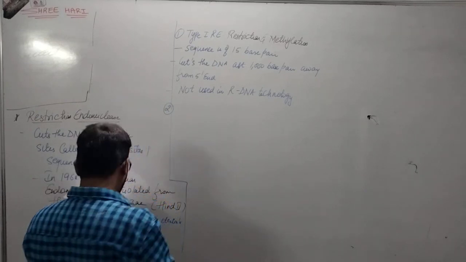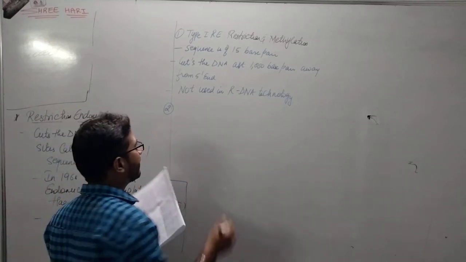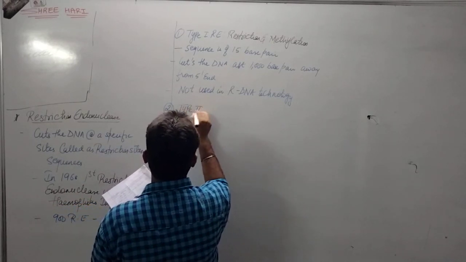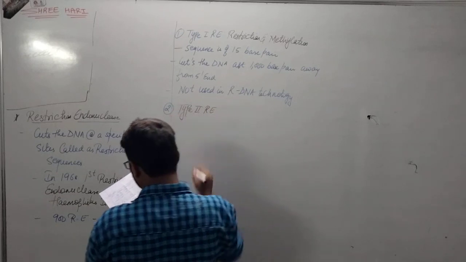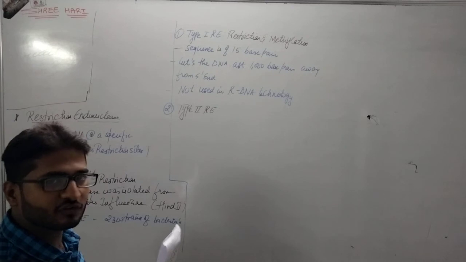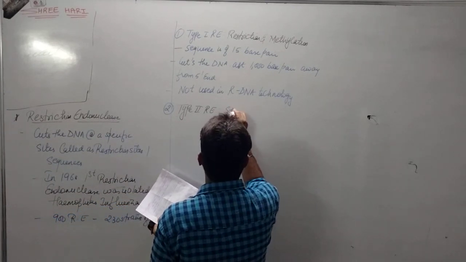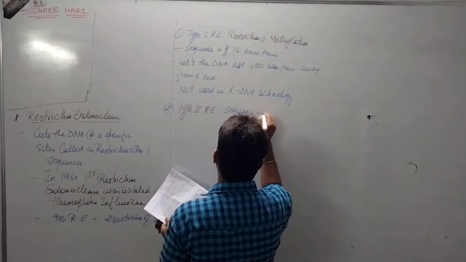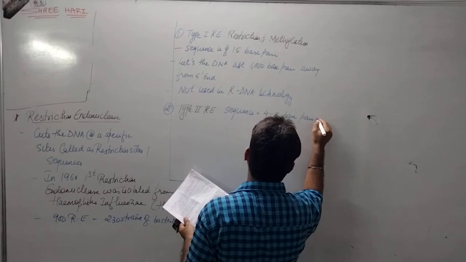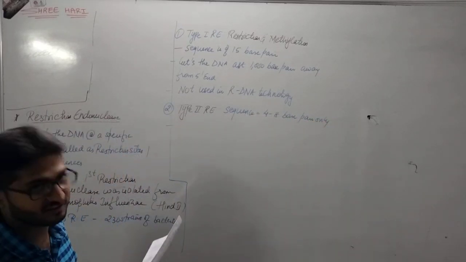The second type of restriction endonuclease is type 2 restriction endonuclease. Now, the recognition sequence is about 4 to 8 base pairs only, a shorter sequence, and it cuts only methylated sites, right?